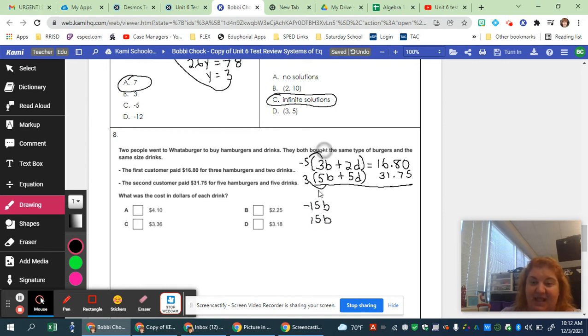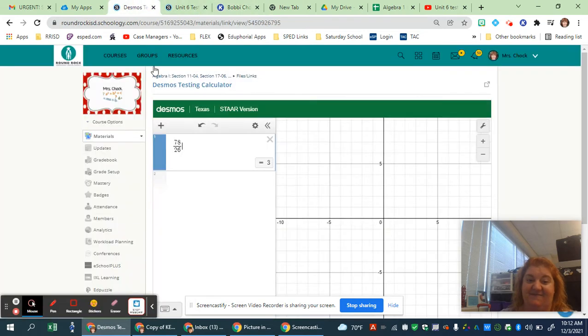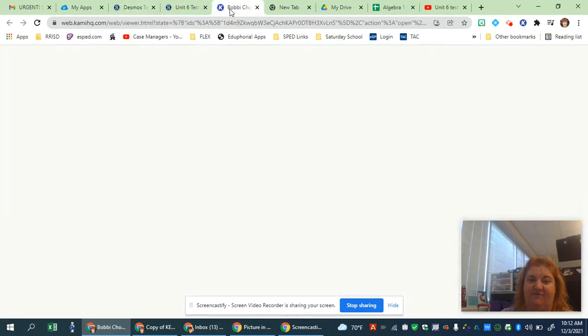That's kind of cool. And then we're going to have -10d. And we're going to have 3 times 5 is +15d. And then we got to multiply this last one, 16.80 times -5. Let's do that right here. 16.80 times -5, -84.